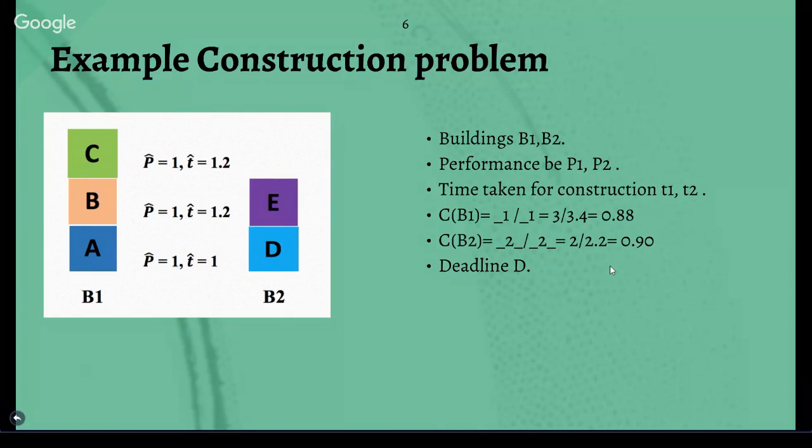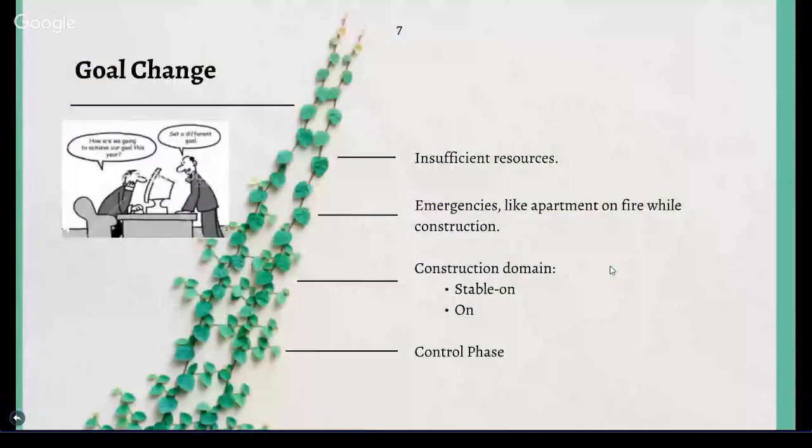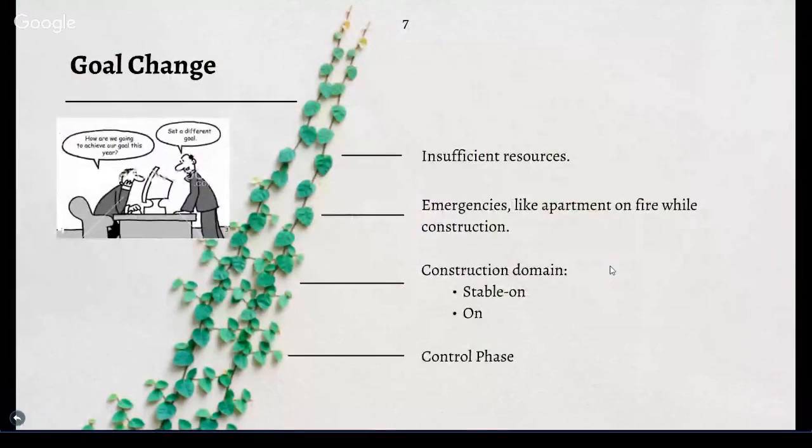And in our method it would select the building B2 because it has the higher performance over time. Earlier it was the minimum ratio, but then we changed it to the maximum ratio in order to maximize the performance rather than checking it for the time being.